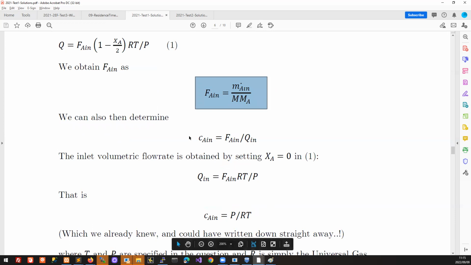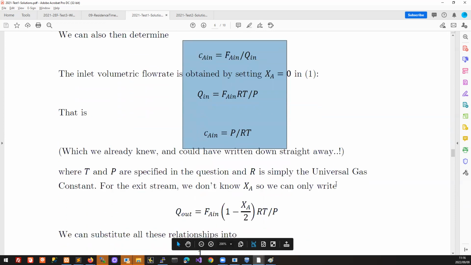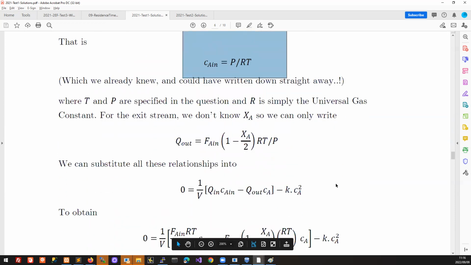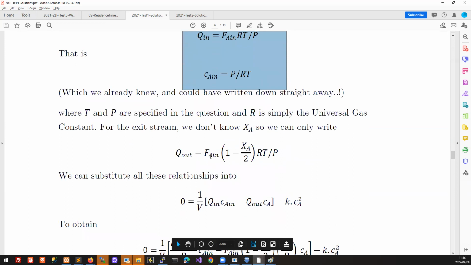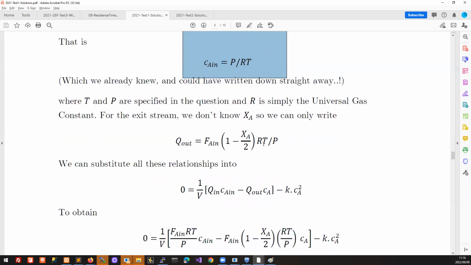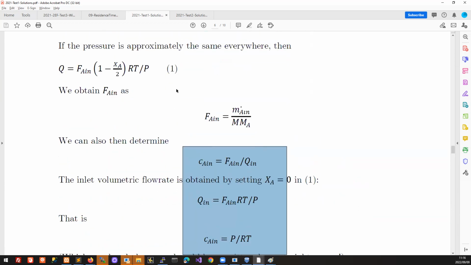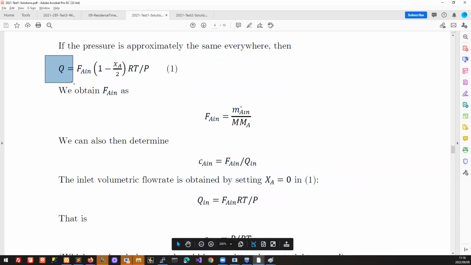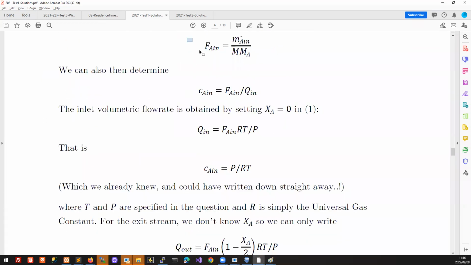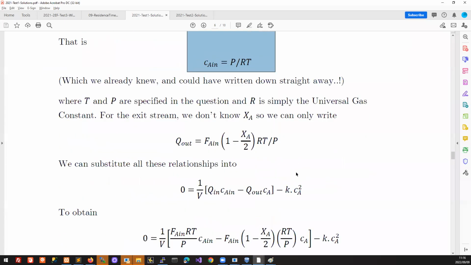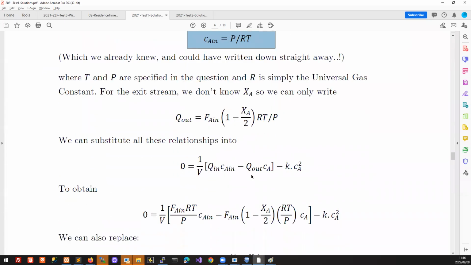So all of this we had done already. And so I guess that's all ready now. So this is just putting everything together. So we've worked out the flow rate out in terms of conversion. And then we've worked out all the inlet flows previously.